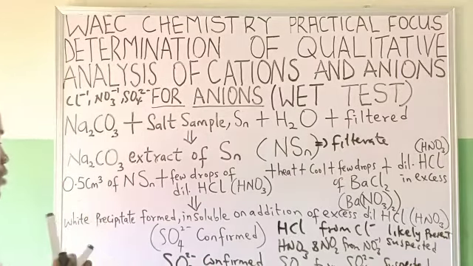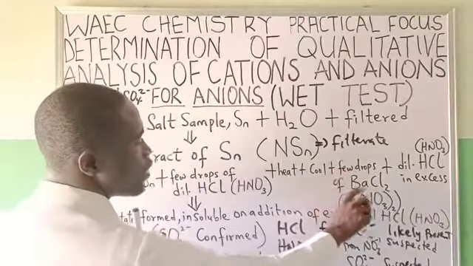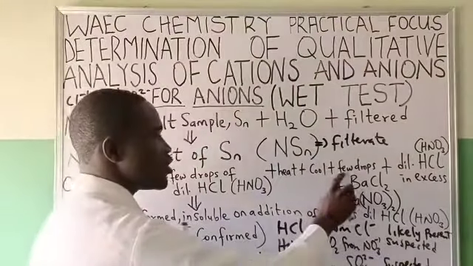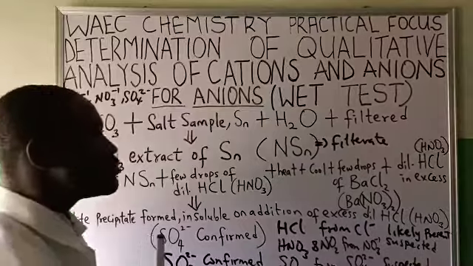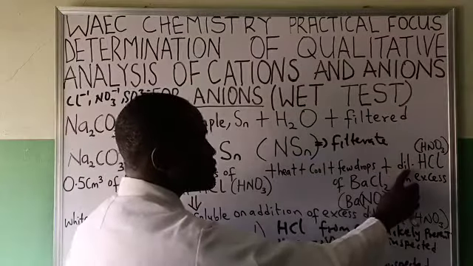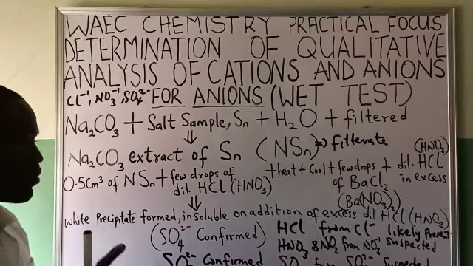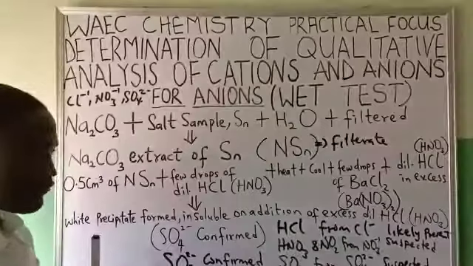I repeat, when that white precipitate formed on addition of few drops of barium chloride becomes insoluble on addition of dilute HCl in excess, if it becomes insoluble, it means SO4 2- ion is what you confirm.